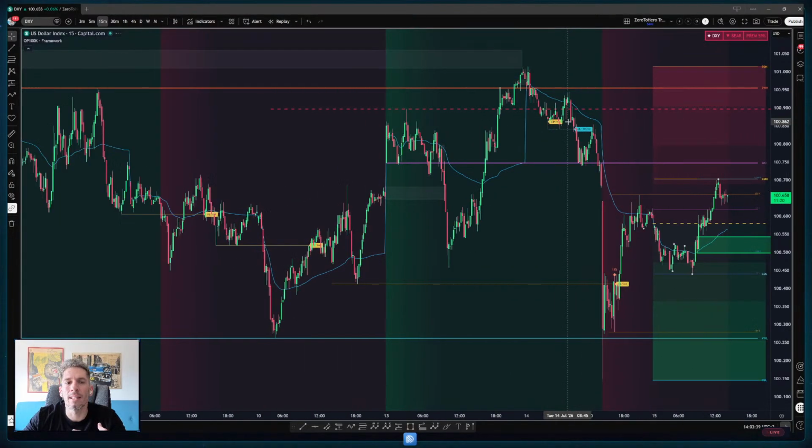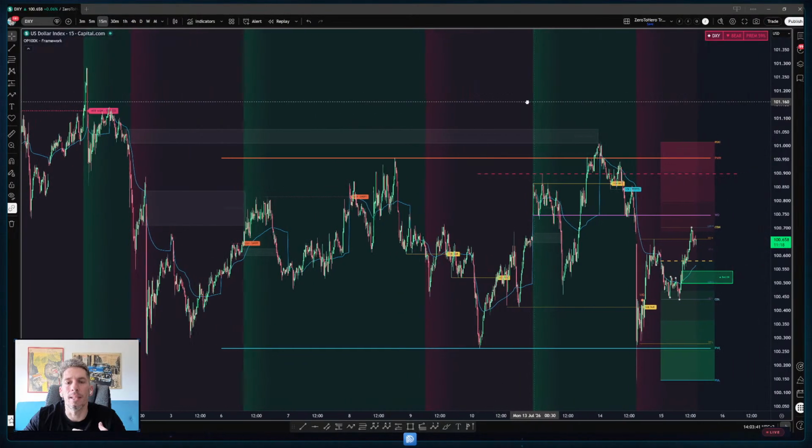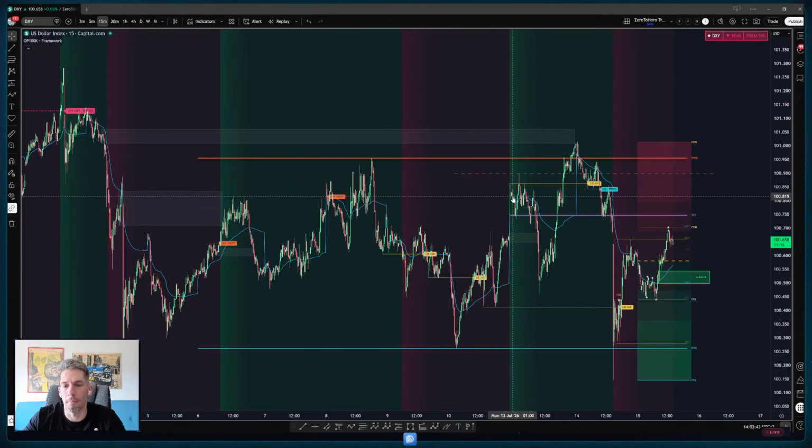Now, definitely dollar index is a little bit choppy. From the start of July, we are seeing a little bit of range. That previous week's high and previous week's low range is the only thing I'm looking at the moment.